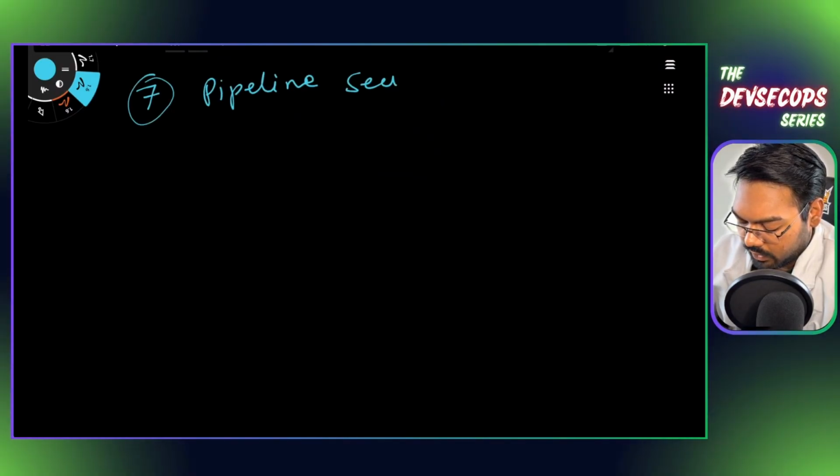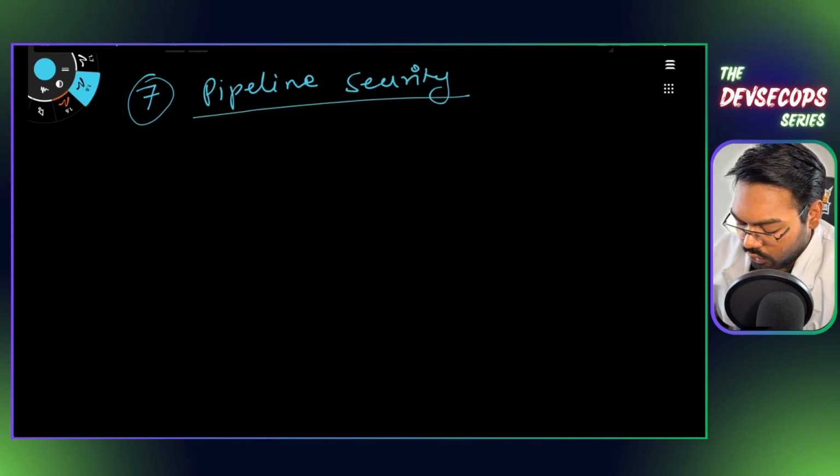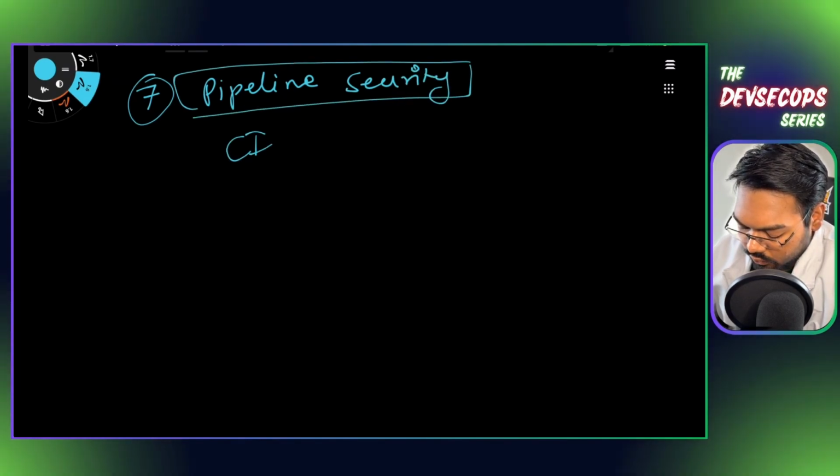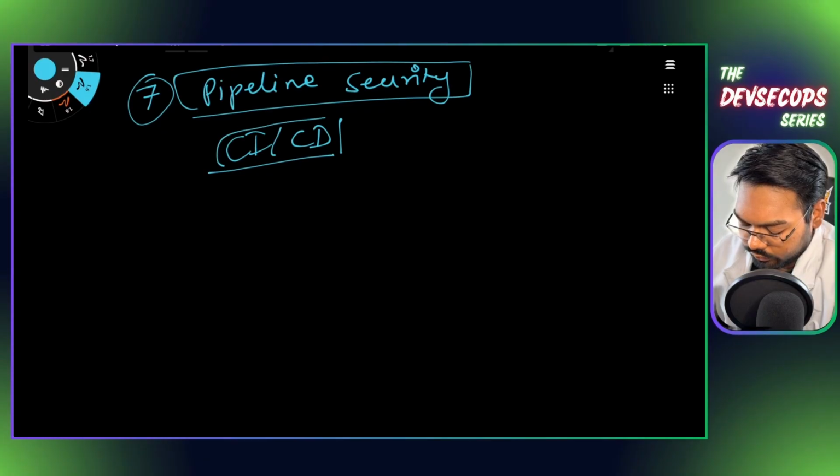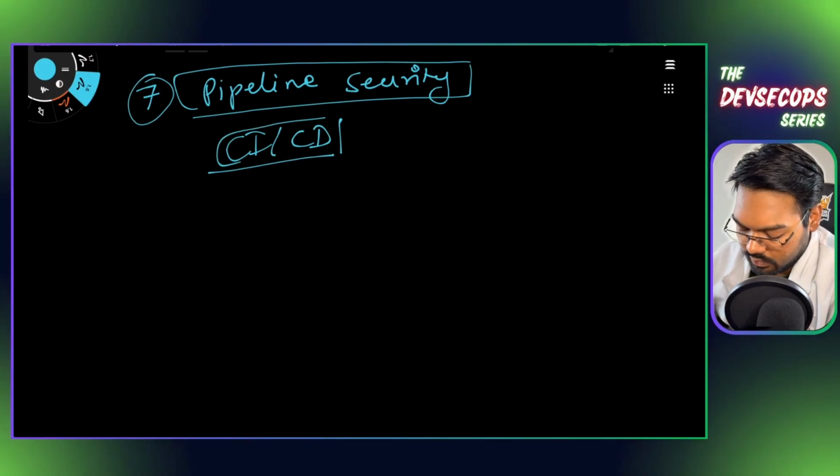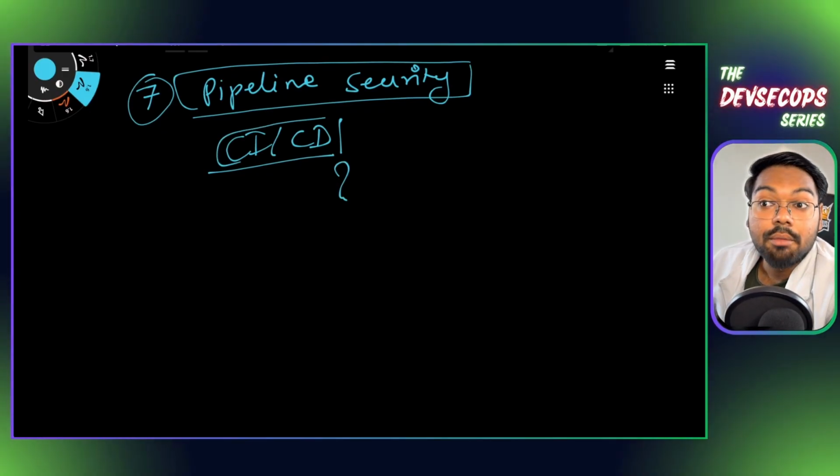Okay, pipeline security. So a lot of you are using CI/CD workflows for these development activities. How are you supposed to manage it?